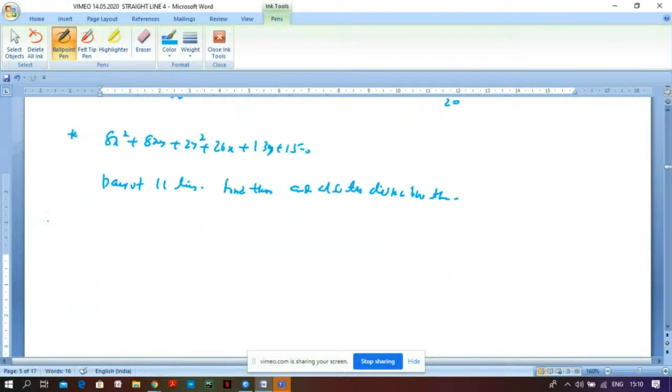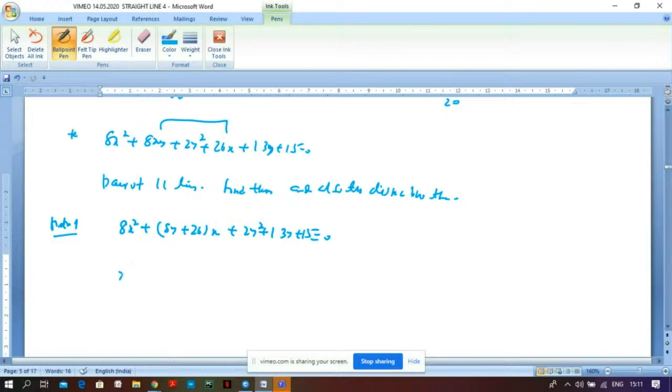So one solution, method 1, again I will instruct: arrange as a quadratic in x. So I can write 8x squared plus (8y plus 26) times x, and plus 2y squared plus 13y plus 15 equals 0.